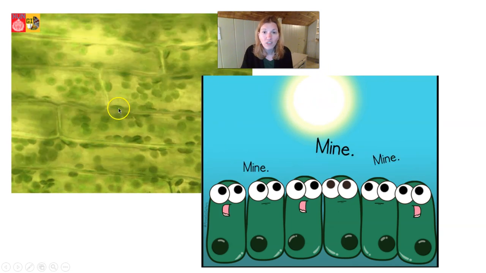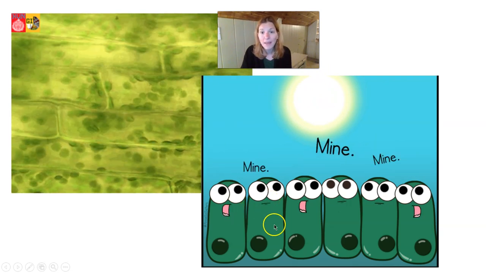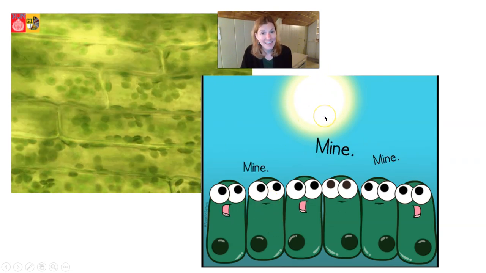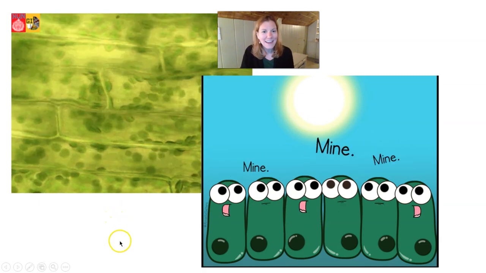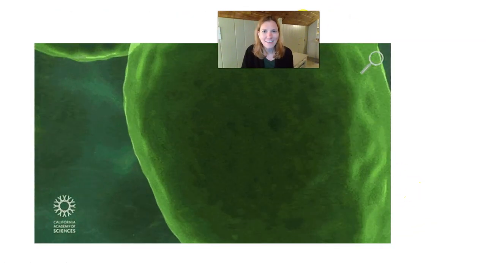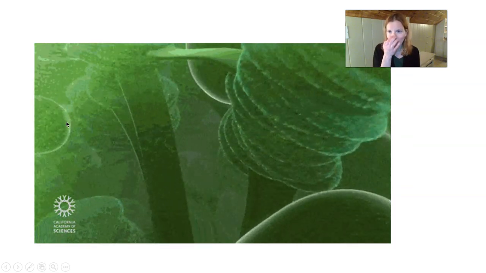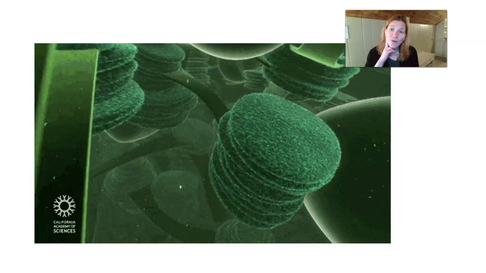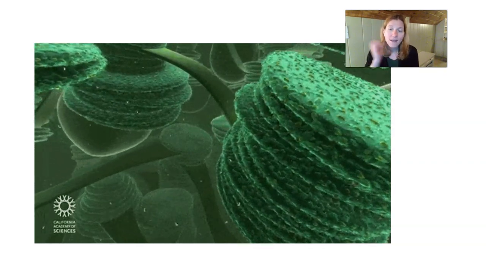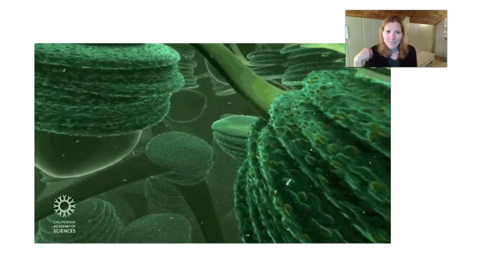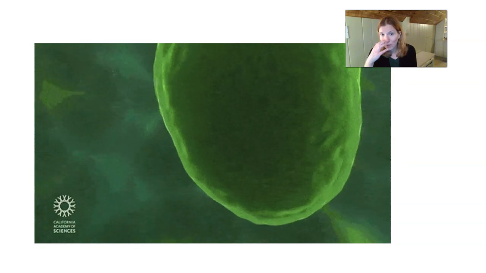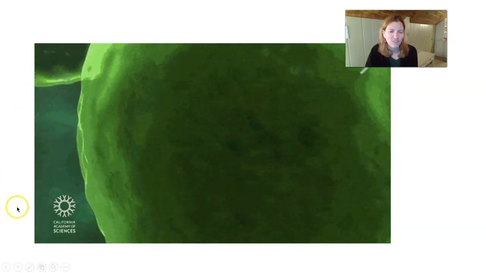So the chloroplasts are actually moving around inside the cell, and they are all trying to get the sunlight. And then they take that sunlight and they turn that into energy. So this is zooming in here on a chloroplast, and the chemical inside is called chlorophyll. That's what's trapping the energy from the sun, and then it's making its own food in these little pancake-like structures inside.